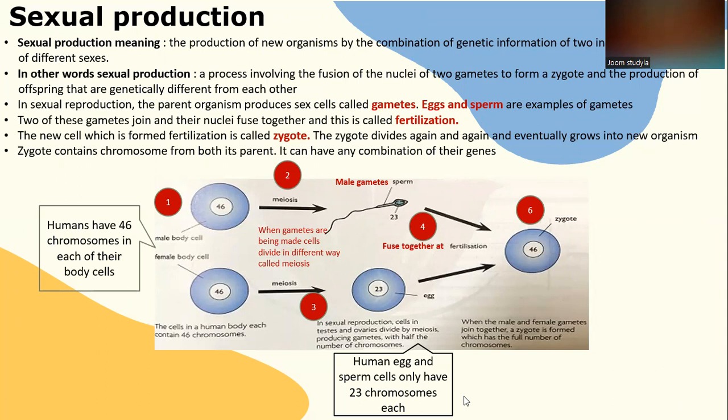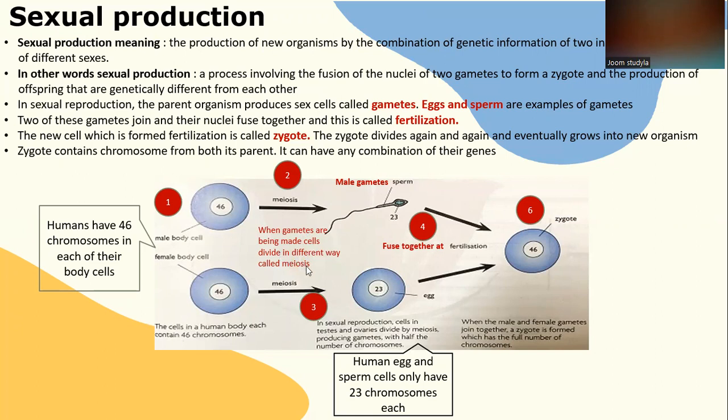As you can see from this diagram, humans have 46 chromosomes in each of their body cells. Male body cells have 46 chromosomes and female body cells have 46 chromosomes. When gametes are being made, cells divide in a different way called meiosis.